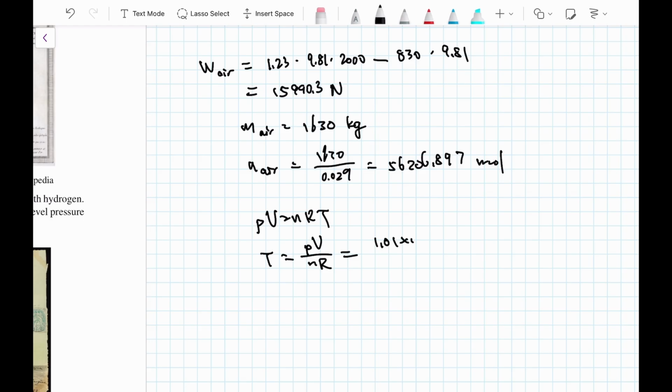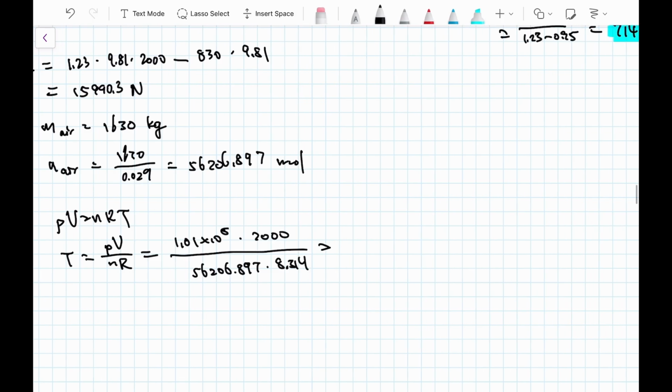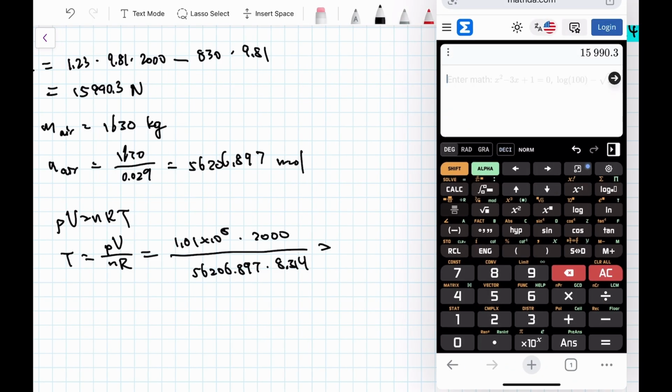Then times the volume, which is 2000, over the number of moles, 56206.897, times the ideal gas constant, 8.314.